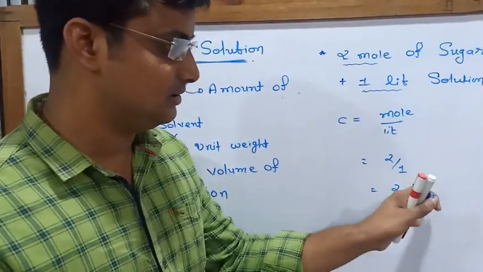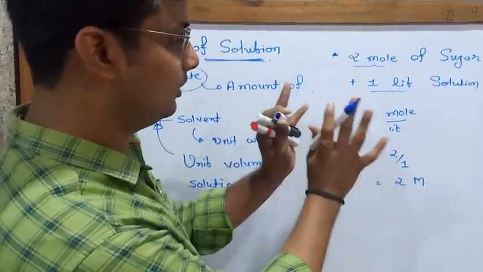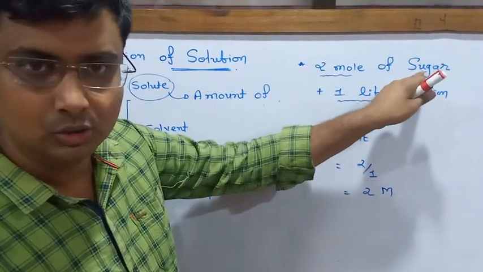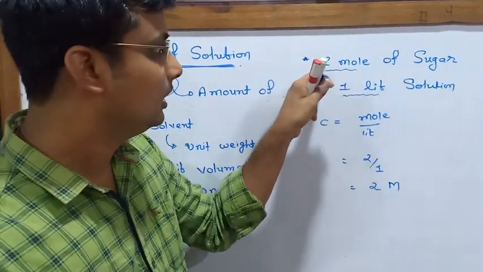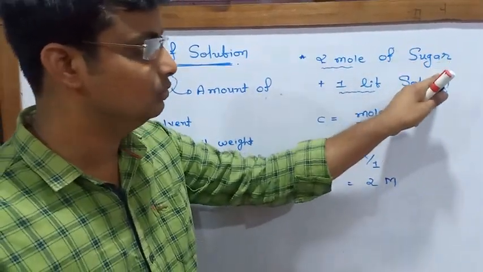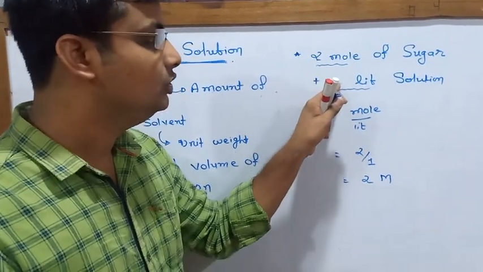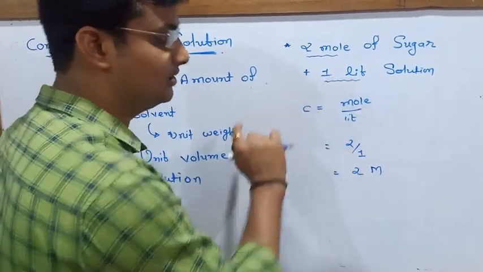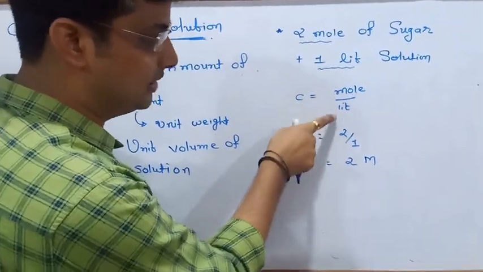We will discuss it in detail, but in short, what is concentration? Amount of solute dissolved in unit volume of solution. Here it is 1 liter. If it is 2 liter, then 2 by 2, it's 1.